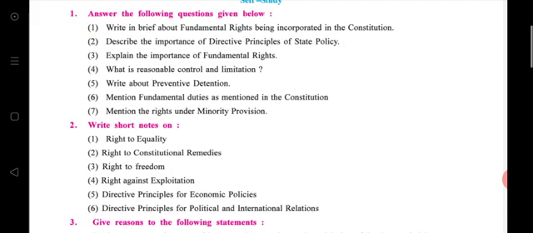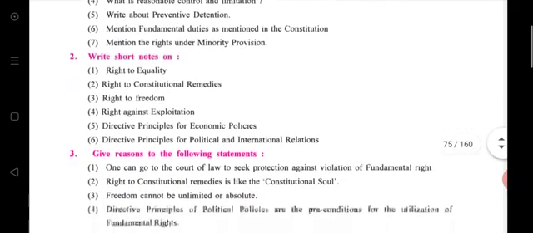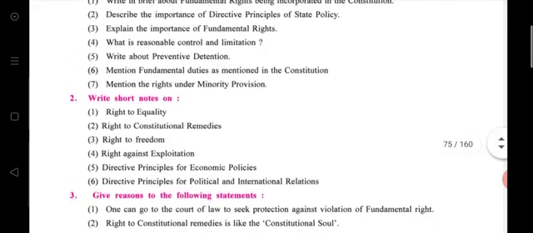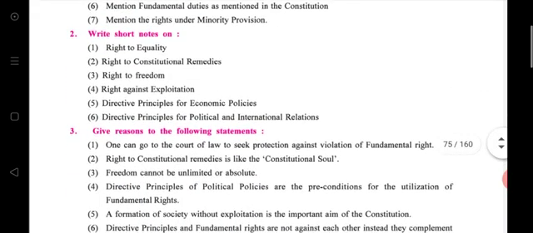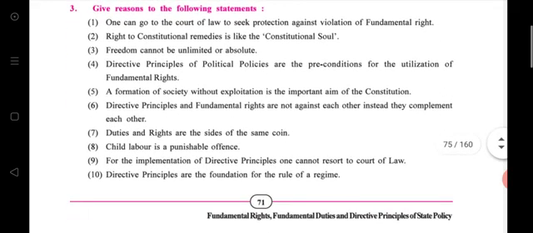Because question number 1 is covered in a short note. So question number 1 is not important. So question numbers 2, 3, 5 and 6. These 4 questions you have to write in your fair note. Then all the short notes are important. So full questions number 1 to 6 of short note you have to write.